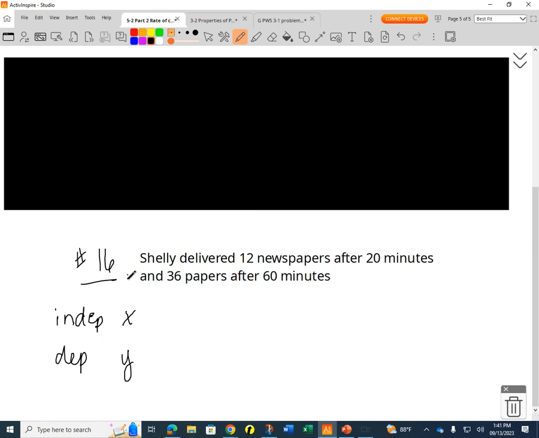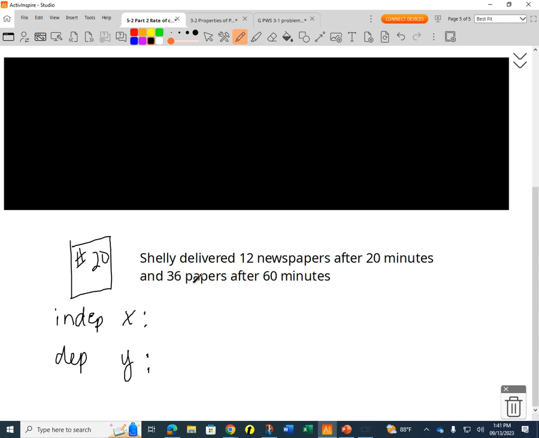I'm sorry, it's not number 16, it's number 20. Thank you. So you should have number 20 done on your worksheet so you don't have to write it in your notes. So independent variable, dependent variable. So we're talking about the number of newspapers and the time it takes to deliver, right?